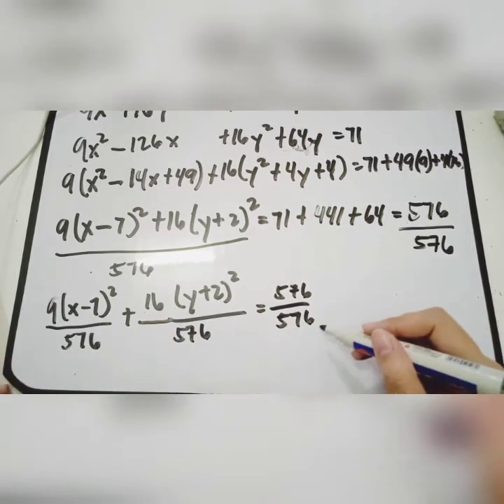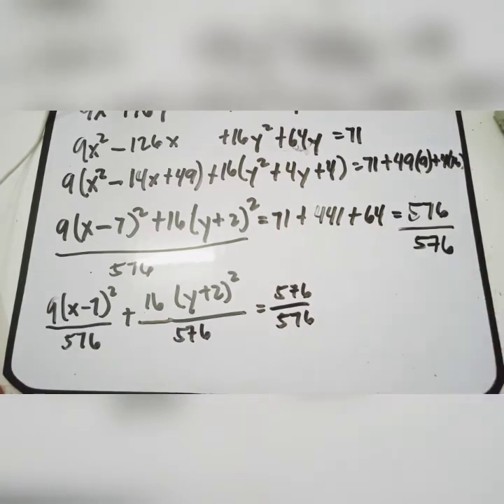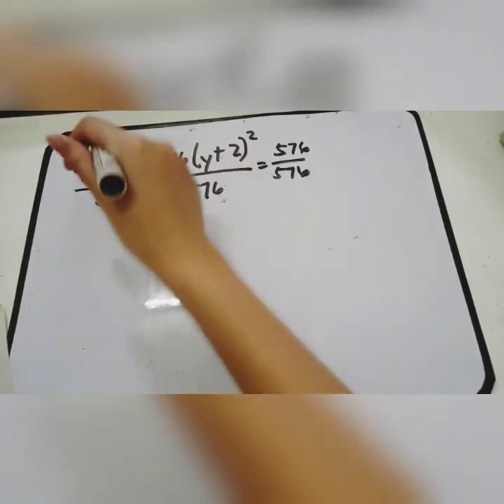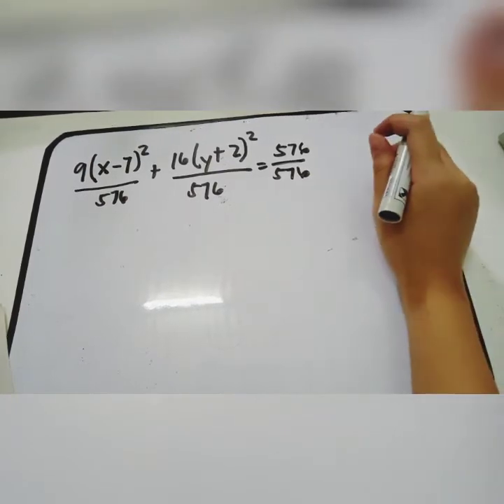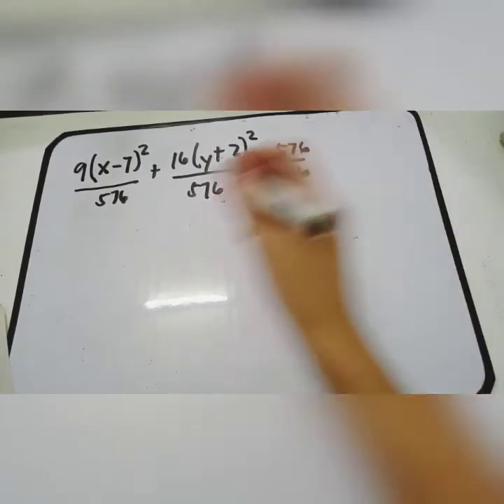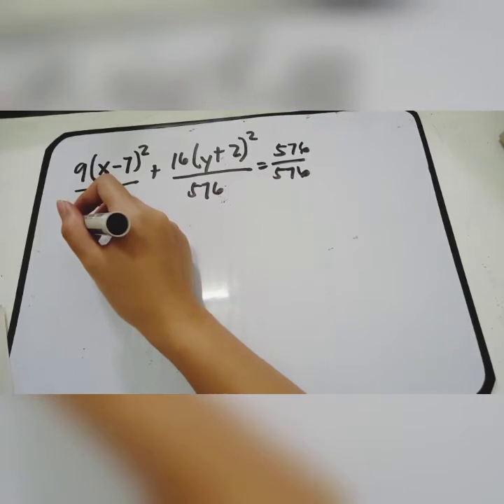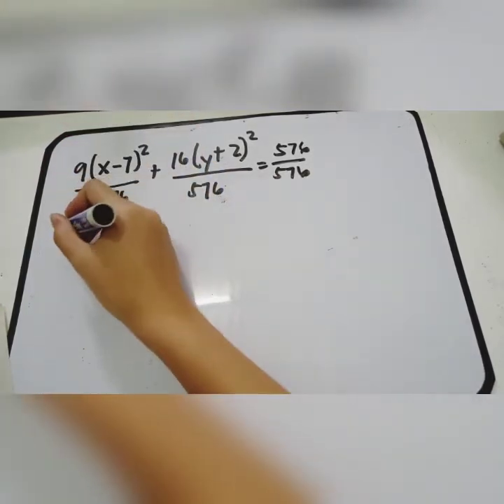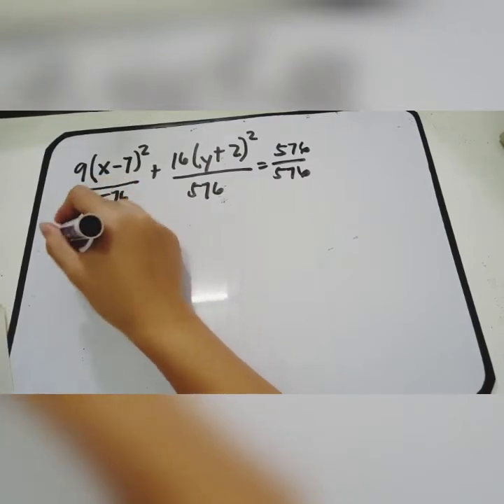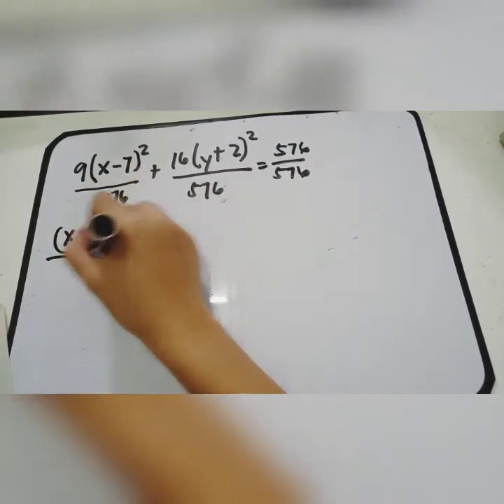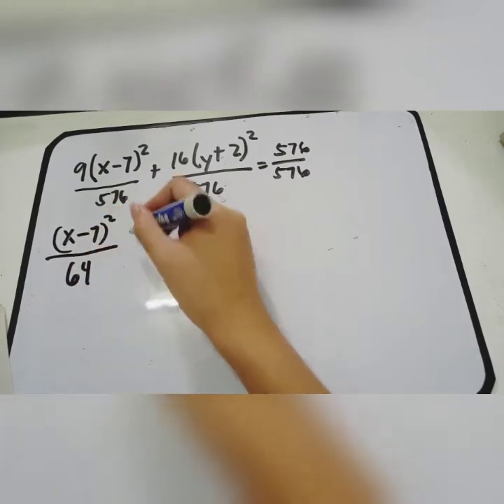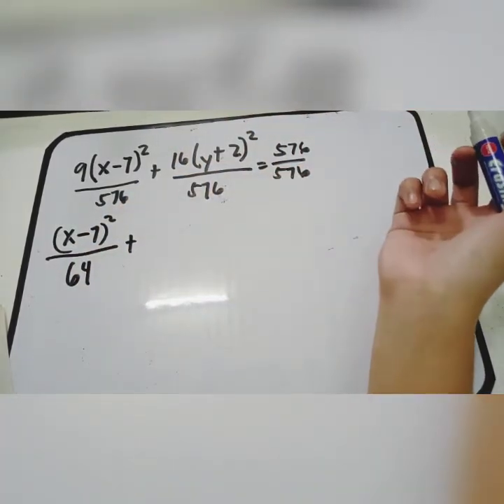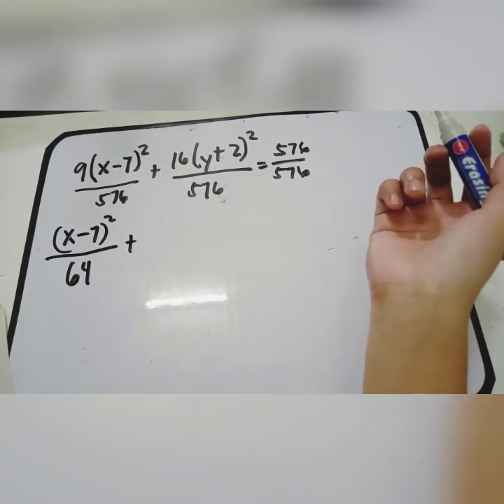Okay, so simplify natin. So simplify this one. 9 divided by 576 is equal to 1 over 64. So we don't have to put here 1, so it will be (x minus 7) squared over 64 plus 16 divided by 576 will be 1 over 36.